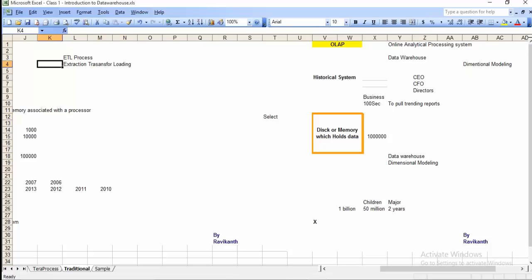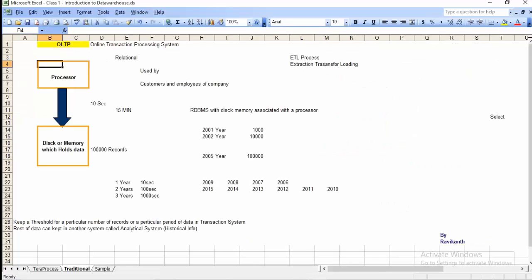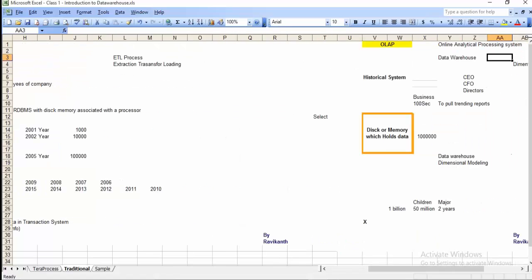They extract the data, transform the data, and load it into the data warehouse. So this is called the ETL process.